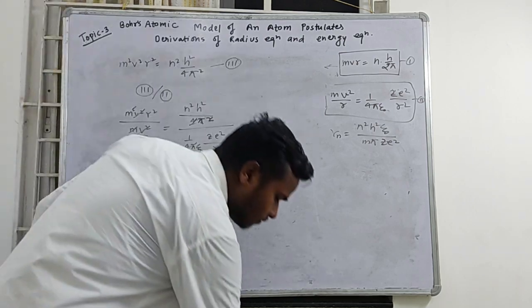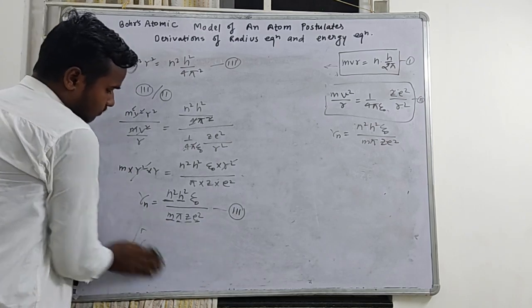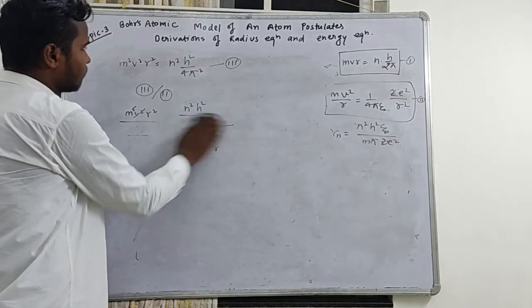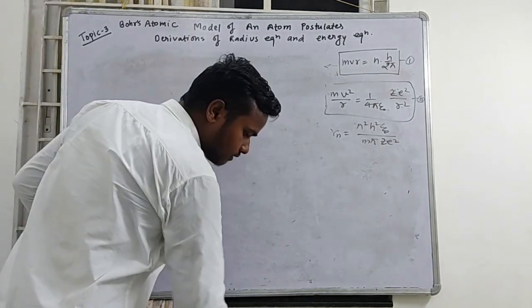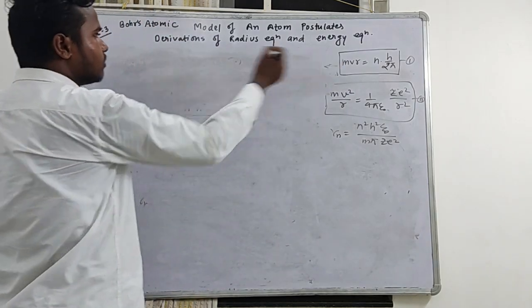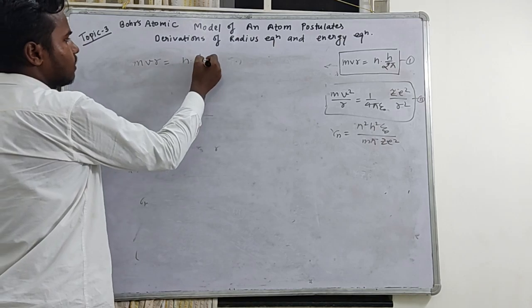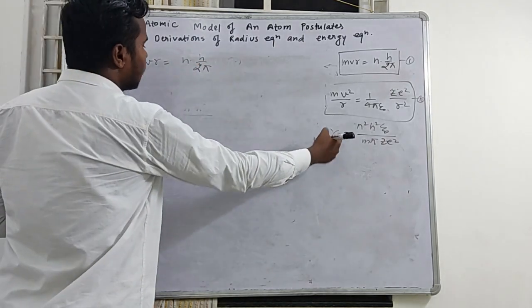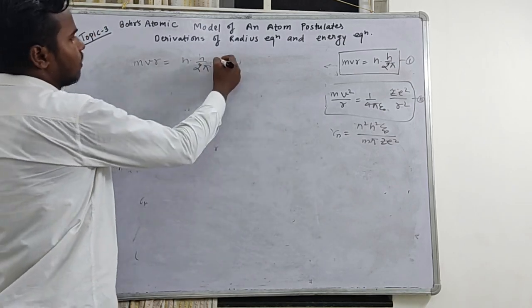And next we will move to the derivation of the velocity equation. We will use equation first, mvr is equal to n into h upon 2 pi. We will put the value of r from the equation.